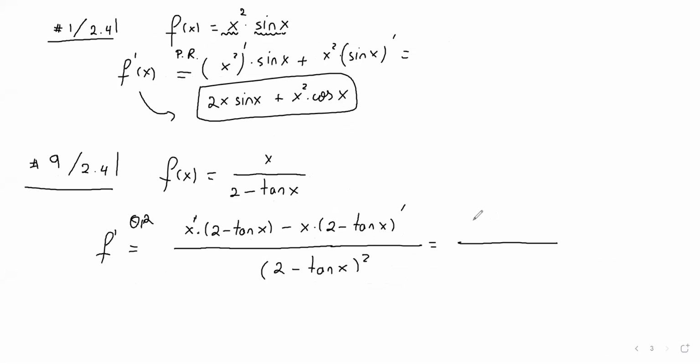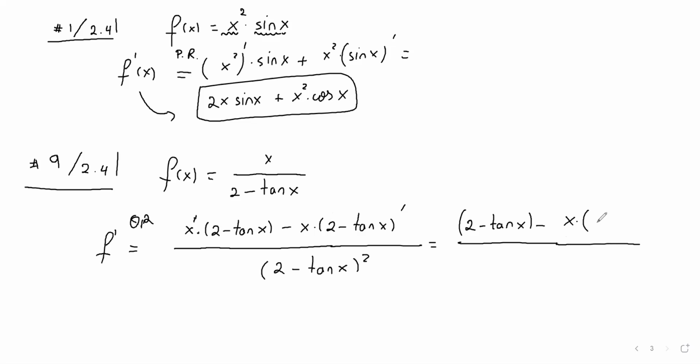All right, so x prime is 1, by the way, so you don't have to write anything. It's 1 times 2 minus tangent x, which is just 2 minus tangent x, minus x times the derivative of 2 minus tangent x. 2 prime is 0, tangent x prime is secant squared.